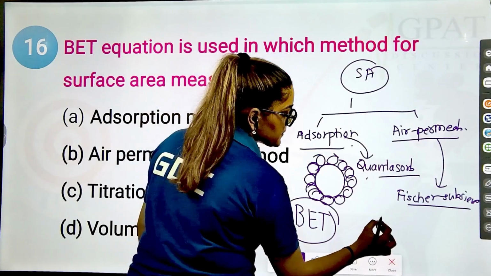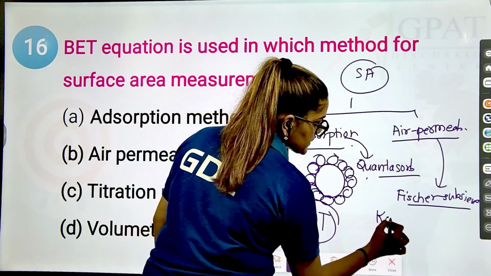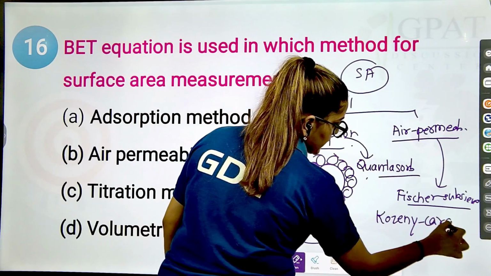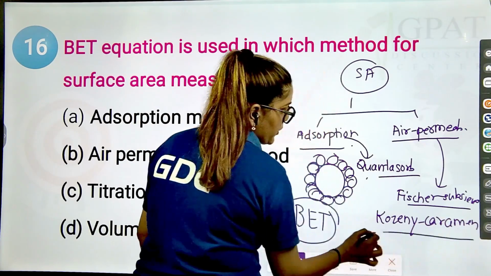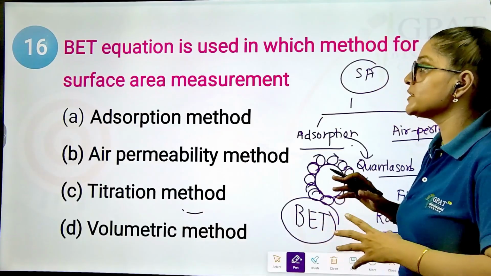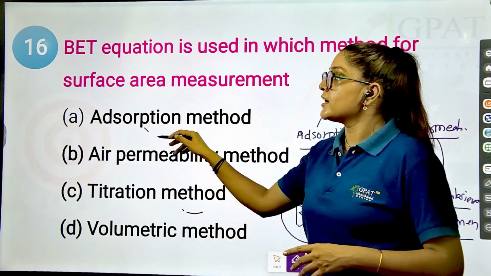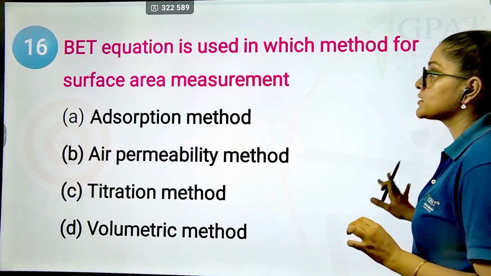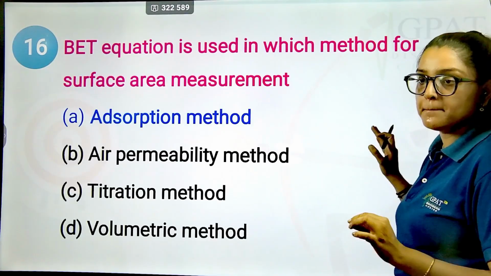For the air permeability method, we use the Kozeny-Carman equation. Note down, this is the confusing part. Students do get confused. So the BET equation is none other than our adsorption method. Okay. So the correct answer will be option A.